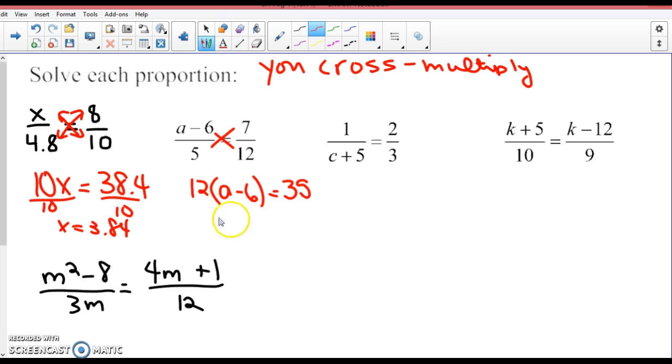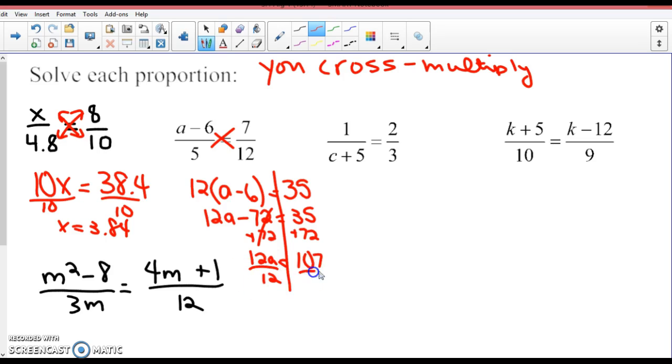I need to distribute. So I have 12a minus 72 equals 35. And then add 72 to both sides. 12a is 35 plus 72, which is 107. Divide both sides by 12.